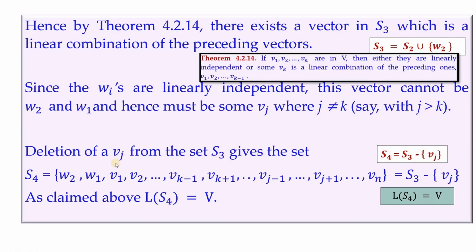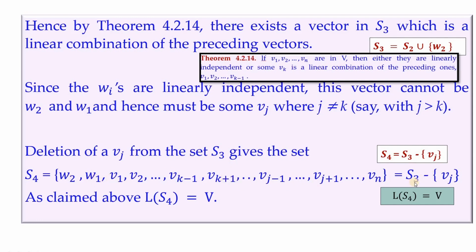So deletion of a Vj from the set S3, because Vk is already accounted, that's why we are having this. Deletion of a Vj from the set S3 gives the set S4. So we have this S4 to be this collection, W2, W1, V1, V2 and so on. Vk is not there, Vj is also not there. So instead of them only these two have come.